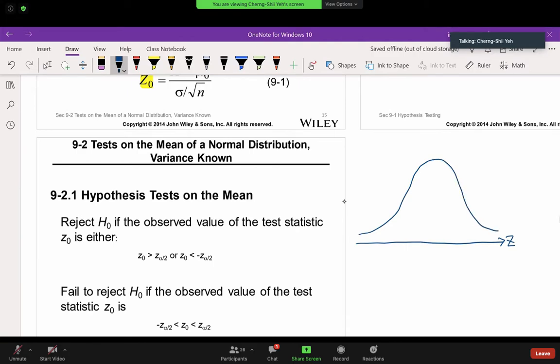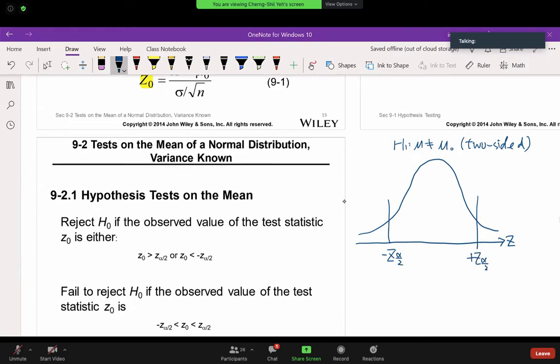We've set up a 2-sided H1, that means does not equal to a value, which means this is 2-sided. Okay, so here we have 2 values. This is my first critical value, negative Z alpha over 2, and positive Z alpha over 2.